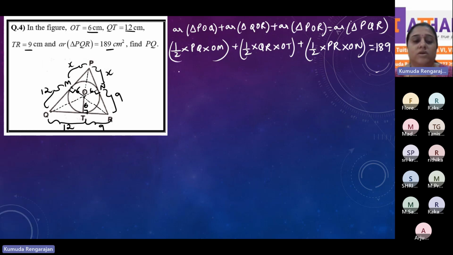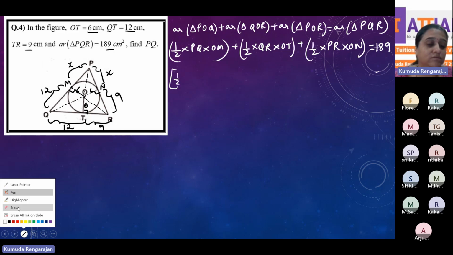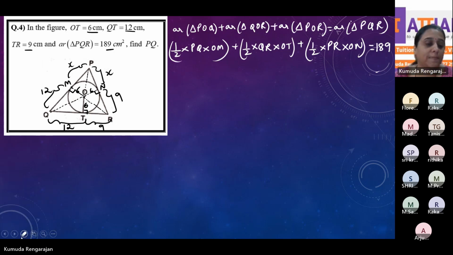Okay, so it will be half into, or maybe at this point you can at least take out half common.